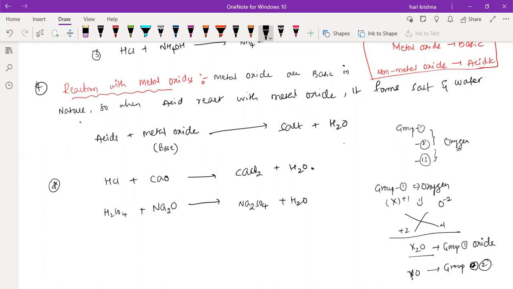Those metal oxides are either amphoteric in nature or basic in nature. When you take the right side elements like fluorine, chlorine, oxygen, nitrogen, they are the non-metals. Whenever non-metals combine with oxygen, they form acidic oxides.